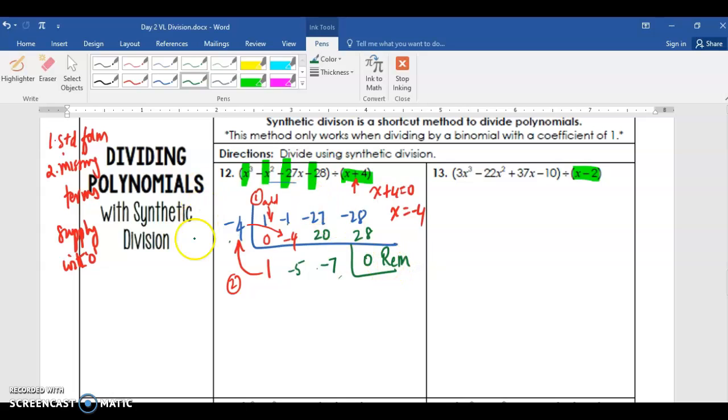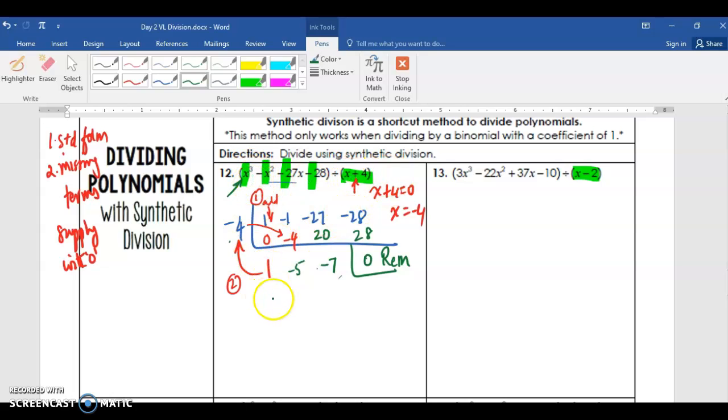Now let's see. We started out with a cubic polynomial, a 3rd degree polynomial. Since we are dividing with a linear divisor, the answer is 1 step down, meaning you'll get a quadratic as your quotient. If you're dividing a cubic with a quadratic, you would get a linear. But right now we're dividing with linear.